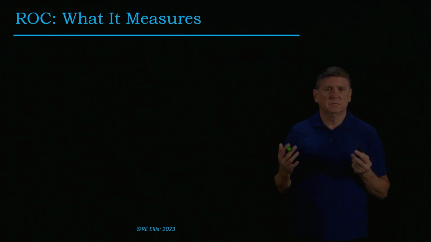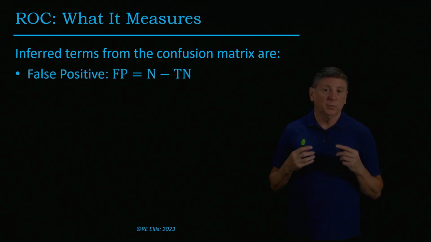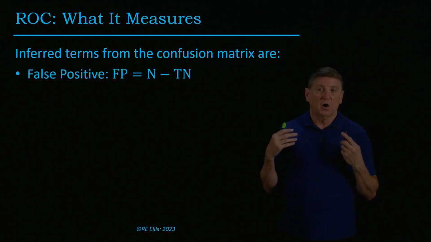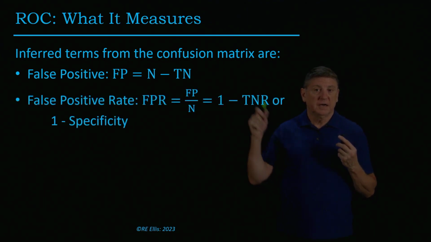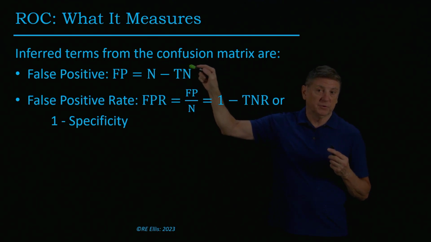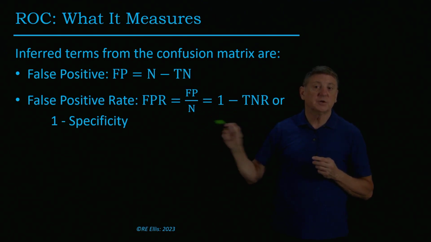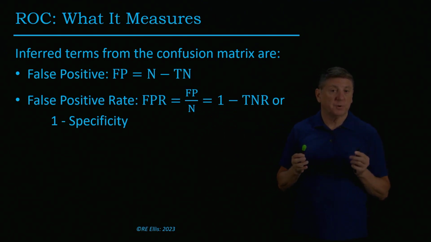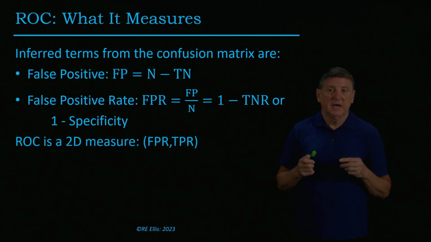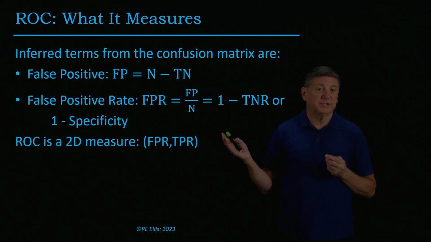So what does the receiver operator characteristic measure? The inferred terms that we'll use from the confusion matrix are: the false positives total is the total number of negatives minus the number of true negatives, and the false positive rate is the false positives divided by all the negatives. And this is called the specificity. The receiver operator characteristic is a 2D measure.